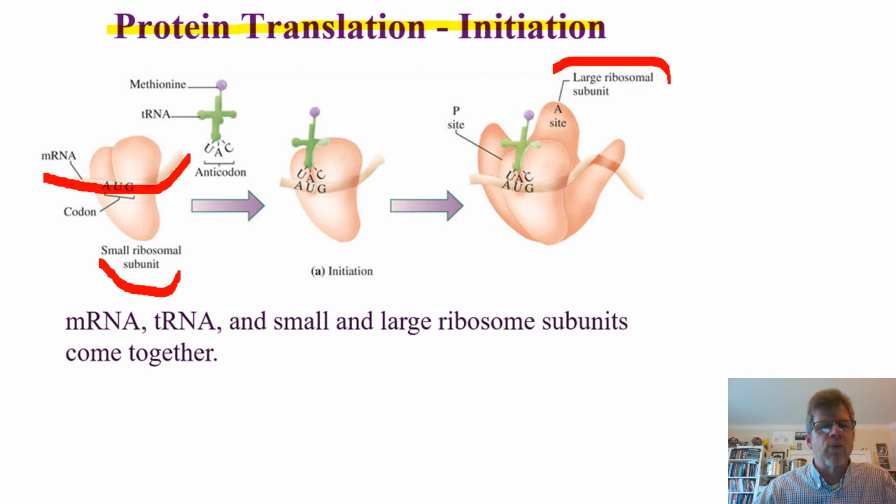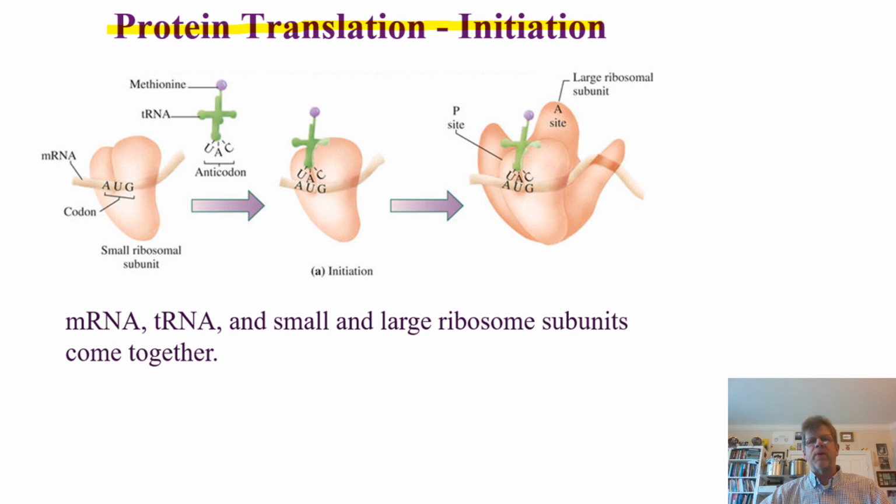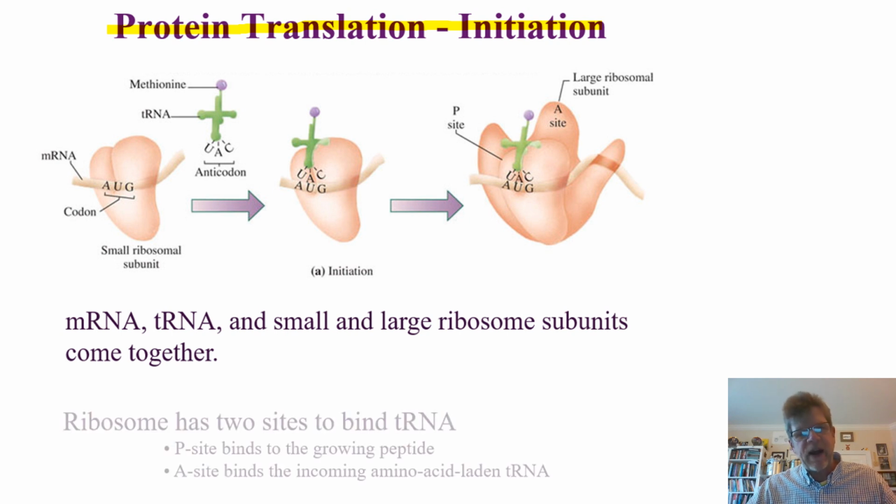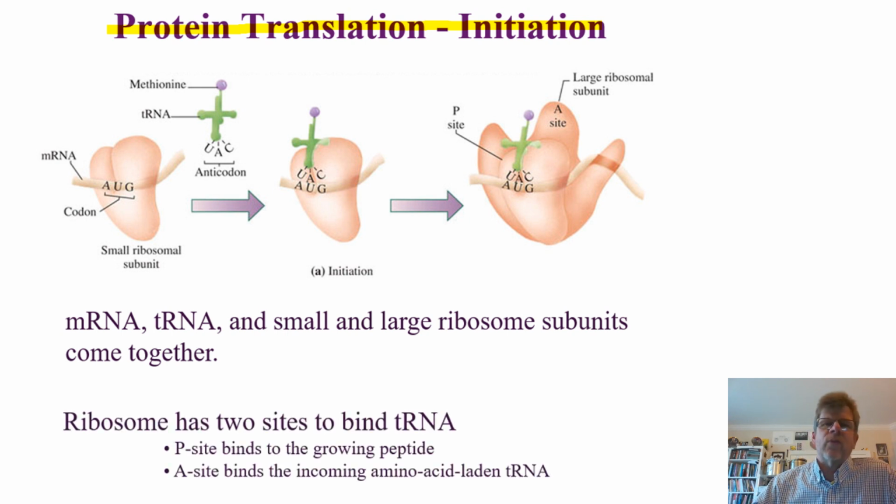We have that messenger RNA being carried through that complex right in the middle, sort of squished between the large ribosomal subunit and the small ribosomal subunit. And what starts us out here is that once we get the ribosome set up, we have two sites on it, the P site and the A site.